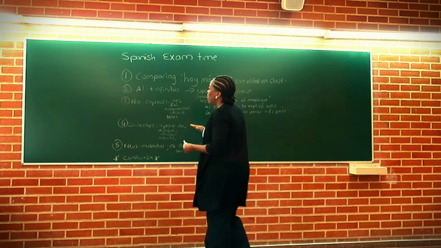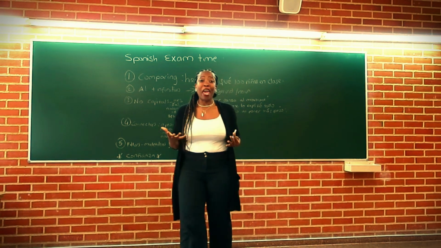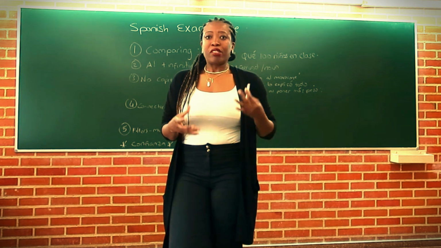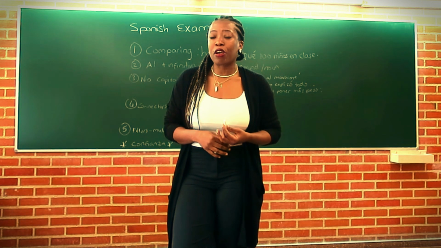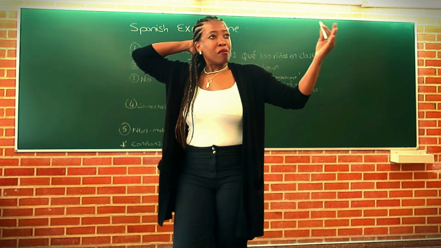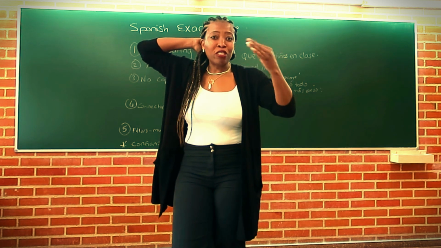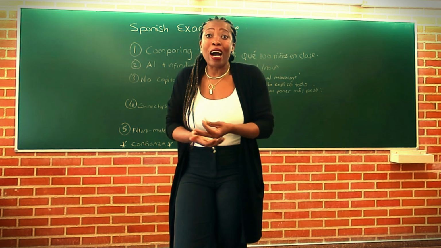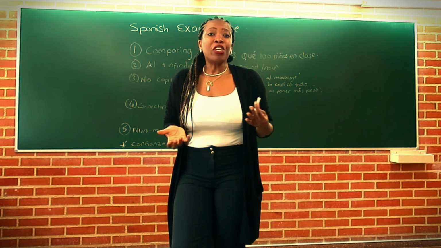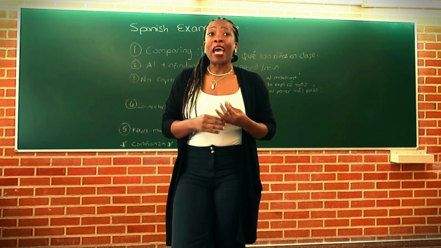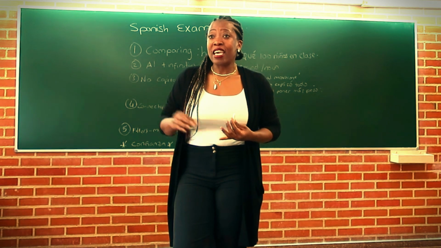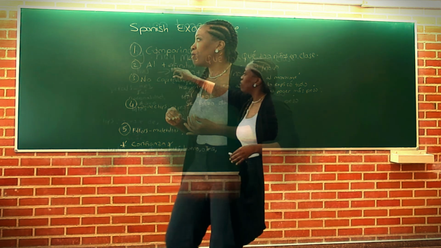Okay, so number one is when we're comparing. Generally, we don't have a problem with comparing: más que, menos que, igual a. But what I have been seeing is the mistake when we're using numbers.